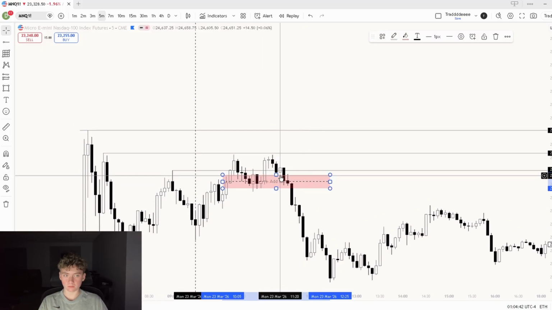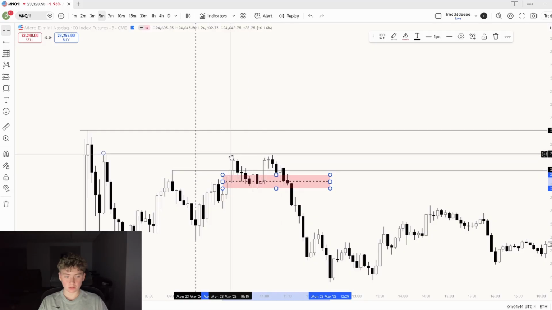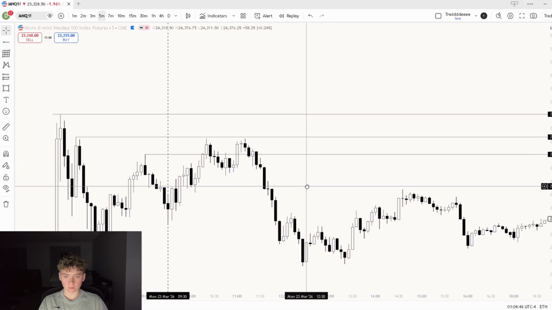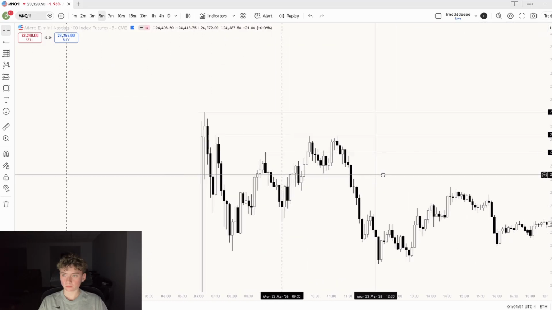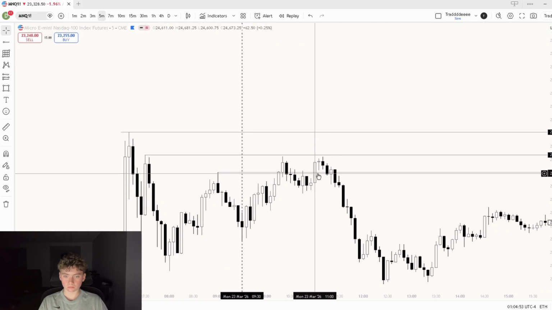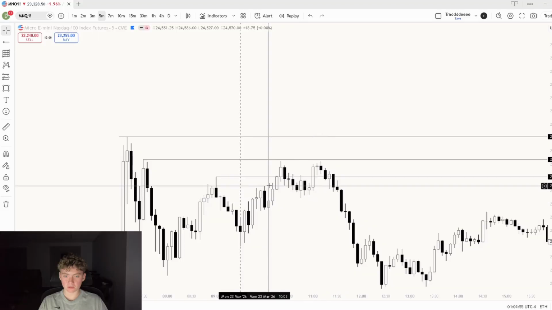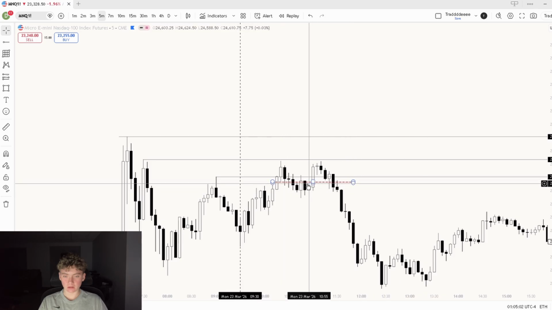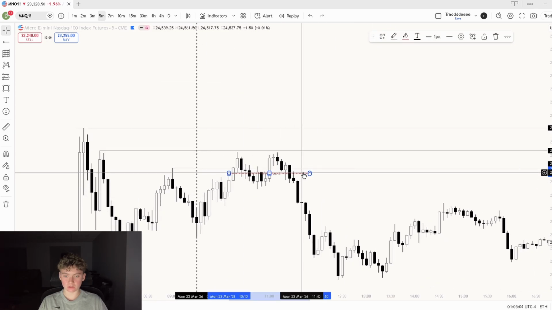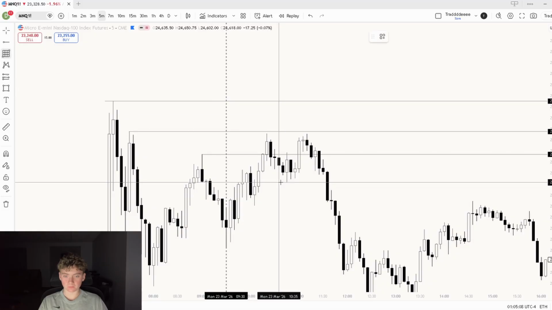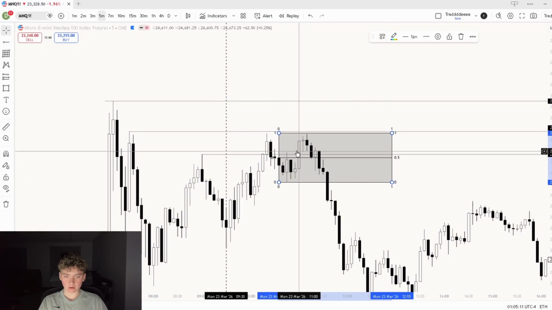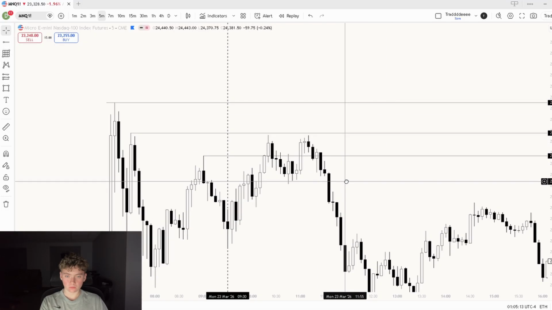And then we do actually, oh no, those are just equal. So we end up inversing that final gap. So we inversed the first gap. Then I would probably look for a retracement, which we did get. We tapped into equilibrium right there. And then we inverse the final gap right here.